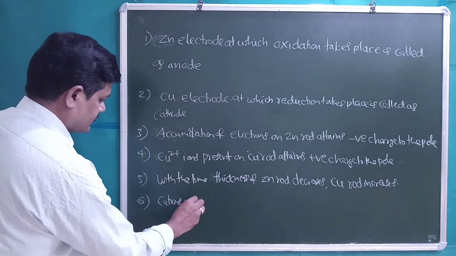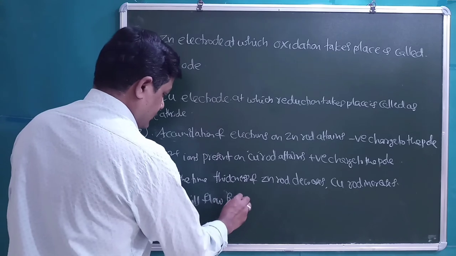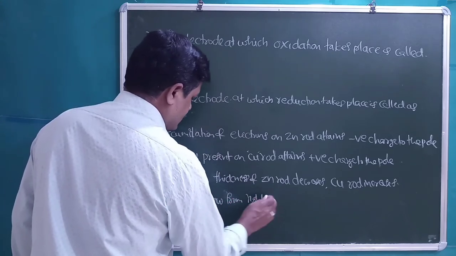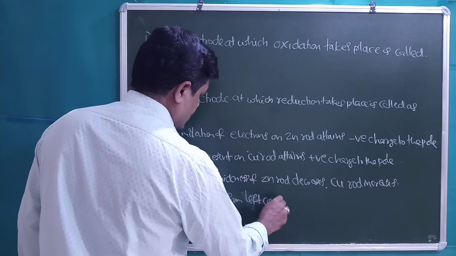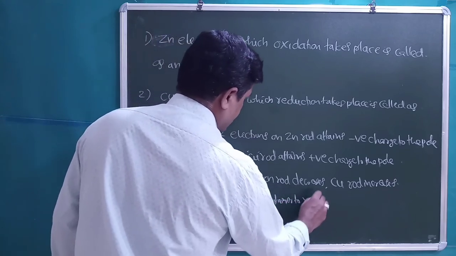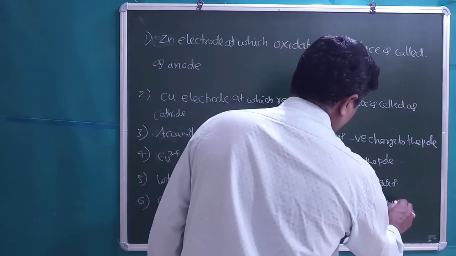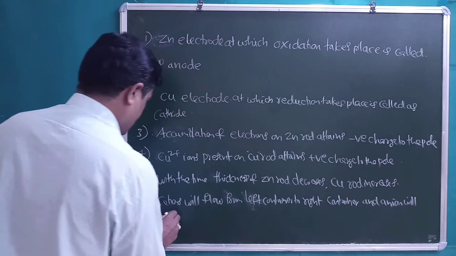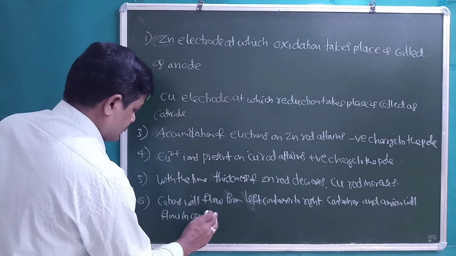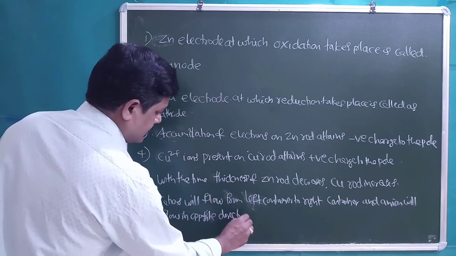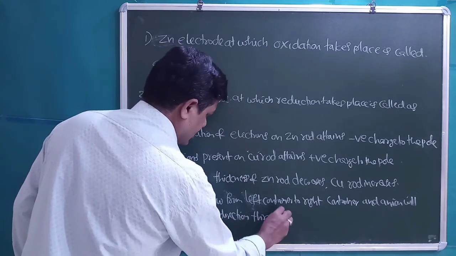Cations will flow from left container to right container, and anions will flow in the opposite direction, that is, right container to left container, through the salt bridge.